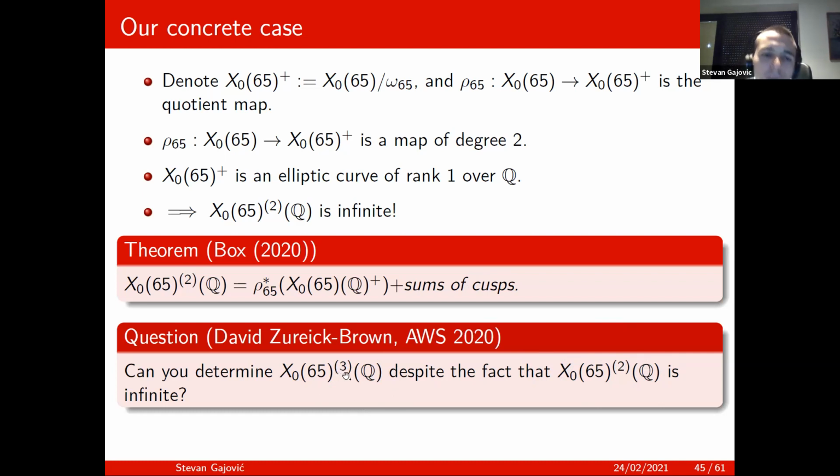So we have infinitely many points here as well. And then we needed a criterion that handles this case. So how to determine cubic points on curves that have infinitely many quadratic points, or in general, just replace D and M such that M is smaller than D.